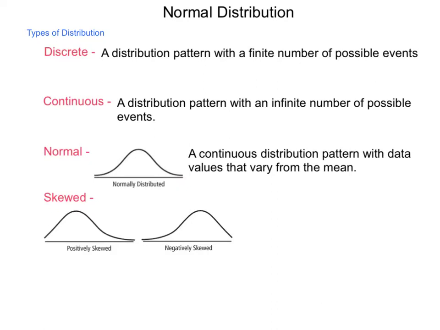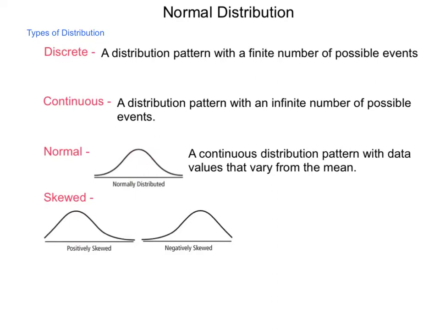A positively skewed item will be heavy towards the left and skew out to the right, whereas negatively skewed distribution patterns will be heavy on the right and will grow gradually to that point. Your mean value is always the highest point in the normal distribution curve. Some people talk about a bell curve. The normal distribution pattern is a bell curve.